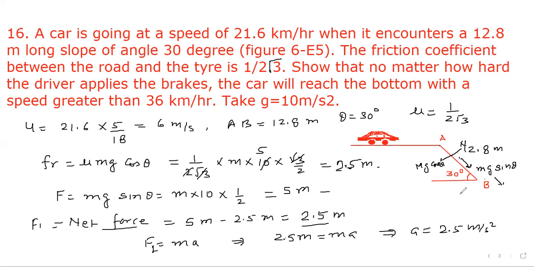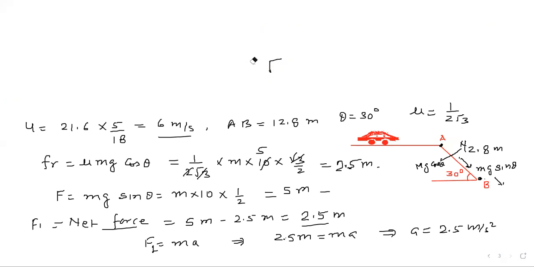Now we have to find out the speed of the car when it reaches here. At this point, the speed is given as 6 meters per second. So let's apply the formula v square equal to u square plus 2as. We have to find v square equal to u square, 6 square, plus 2 into a.